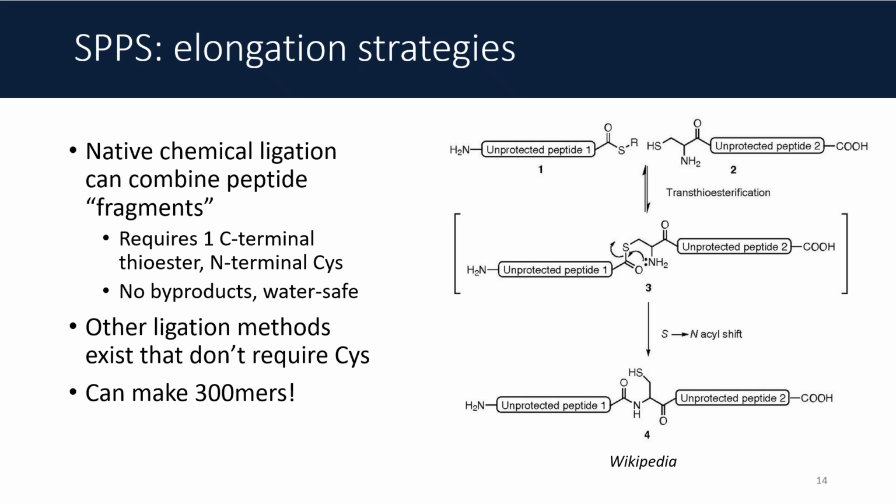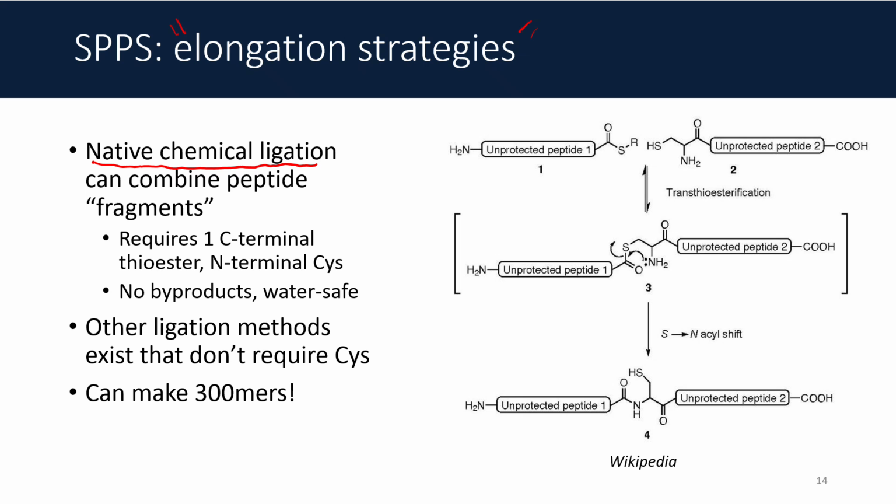If you really, really, really want to make a long protein using solid phase peptide synthesis, there are a few elongation strategies that you can use at your disposal. The easiest way to do it is called the native chemical ligation.